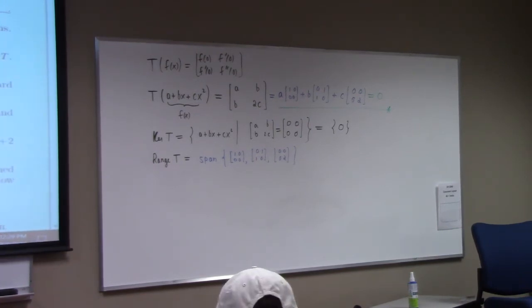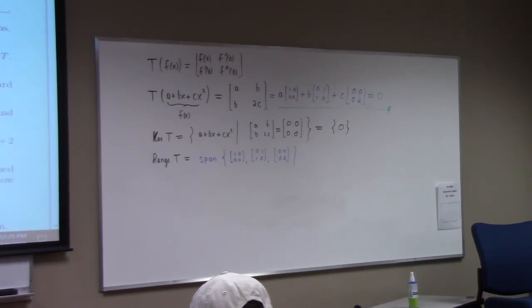Let's see here. So I just figured out that T of A plus Bx plus Cx squared was what? A, B, B, 2C, right? Okay, so here's how it goes. We start with f of x up here. Then we feed it to the beta coordinate map.